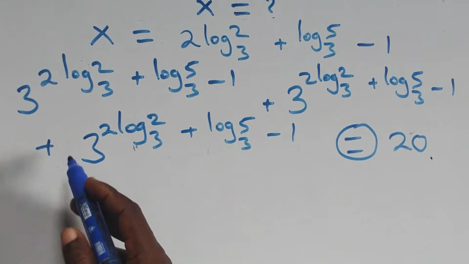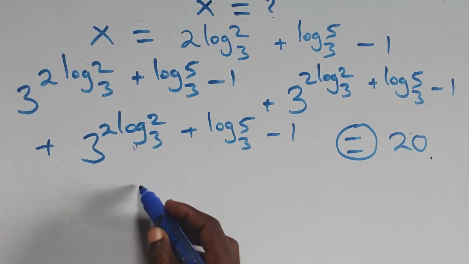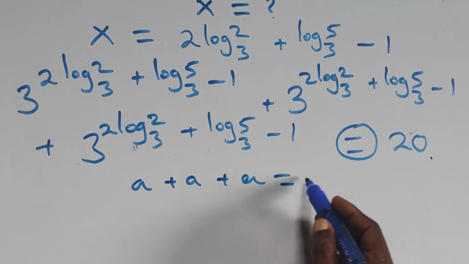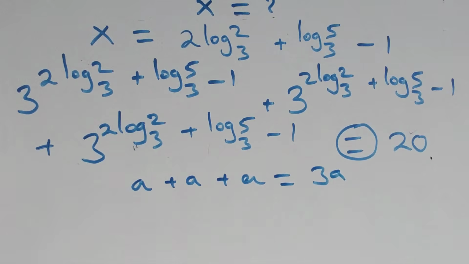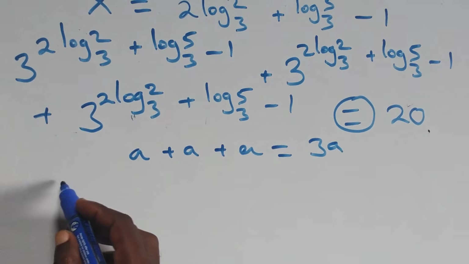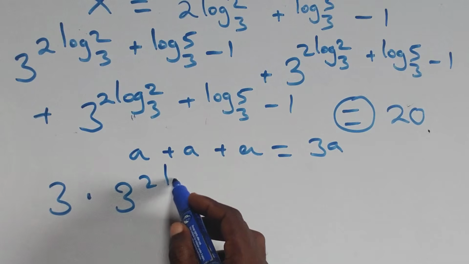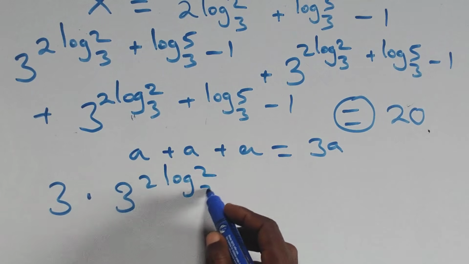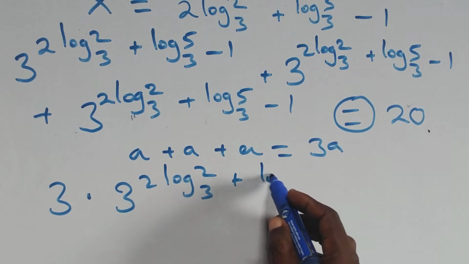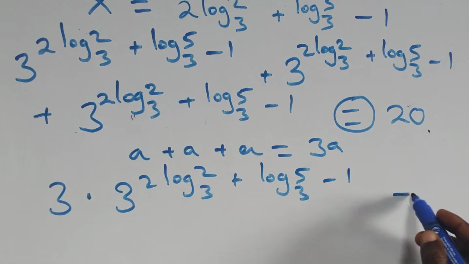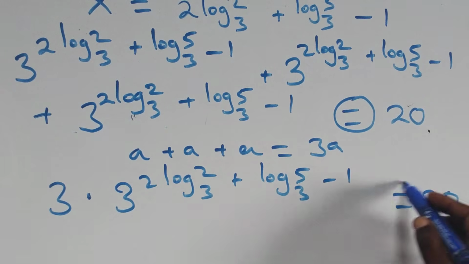Then when we look here, we have the same thing added together, just like when we have a plus a plus a. So this is the same thing as 3 times a. In the same way, let's write this as 3 times 3 raised to power 2 log 2 base 3 plus log 5 base 3 minus 1. Is it equal to 20 on this side?